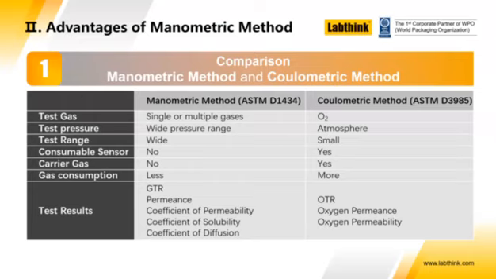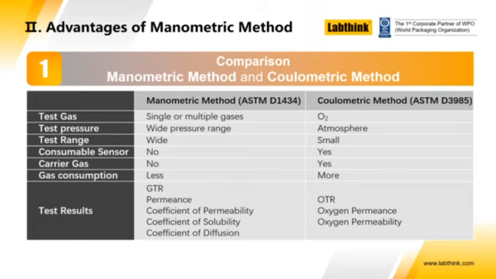And so the big difference is that the ASTM D1434 manometric method can measure multiple gases. We'll also see in a minute that it has a very wide pressure range, whereas the coulometric method is limited to 1 atmosphere. And the manometric method has a very wide measurement or test range, and this is partly to do with the choice of the sensor.